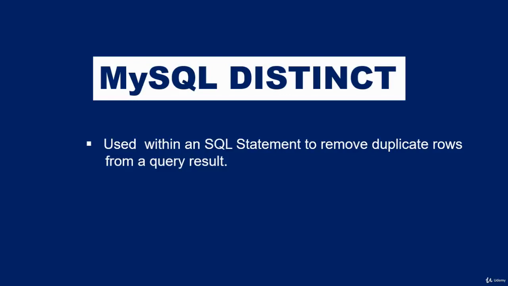So to remove them, you need to use or include the distinct keyword in your statement to get rid of them from the result of that query. The distinct keyword does not remove the duplicates from the table. It only removes the duplicate from the result output of the query.